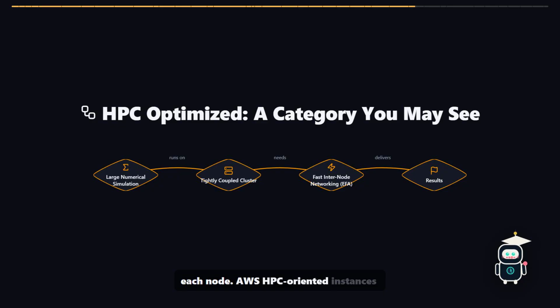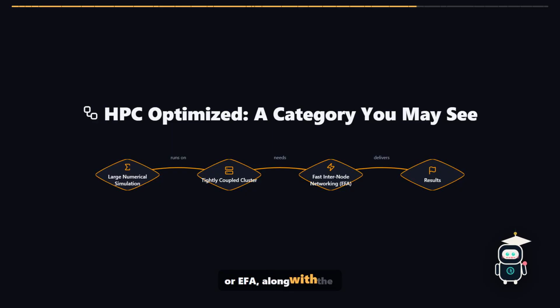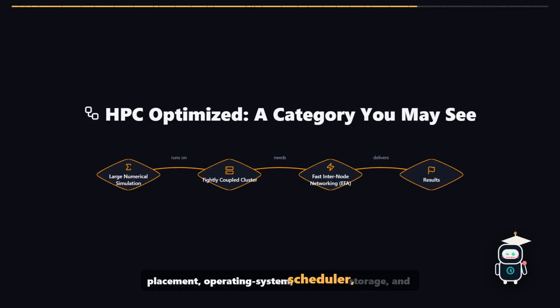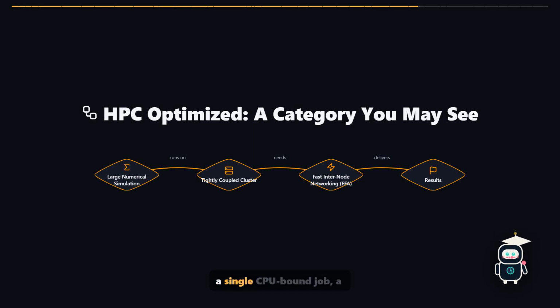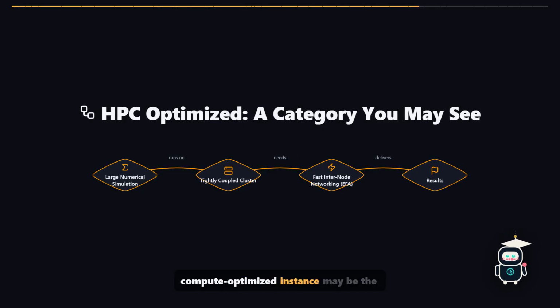AWS HPC-oriented instances may support high-performance networking features such as Elastic Fabric Adapter, or EFA, along with the placement, operating system, scheduler, storage, and cluster design required by the workload. If a workload is a single CPU-bound job, a compute-optimized instance may be the right place to begin.